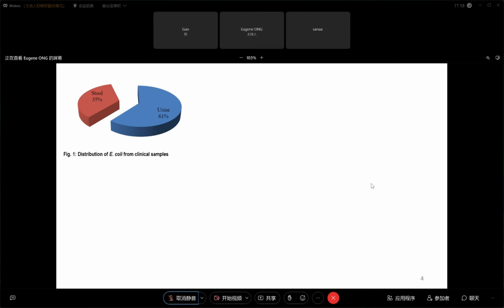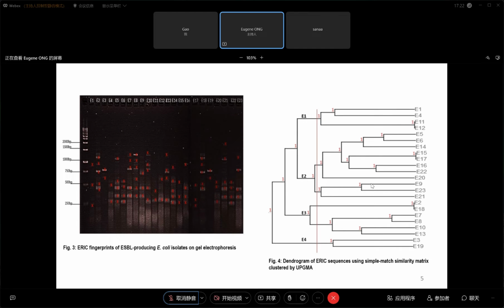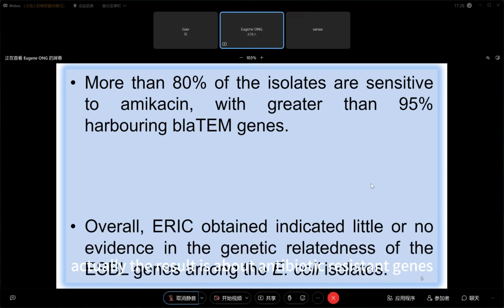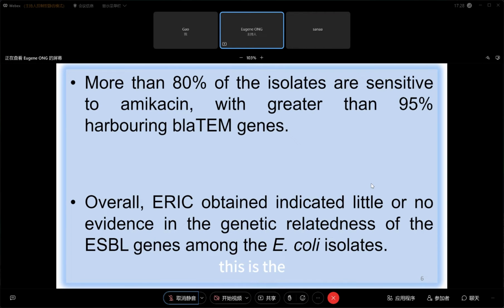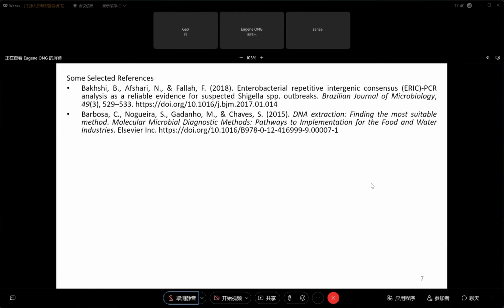So this is what the slides look like. Essentially, the result is about antibiotic resistant genes. I close this back. Okay, and these are the references.